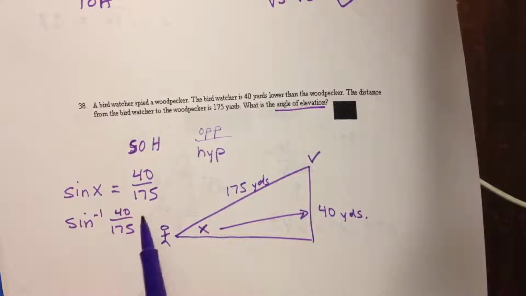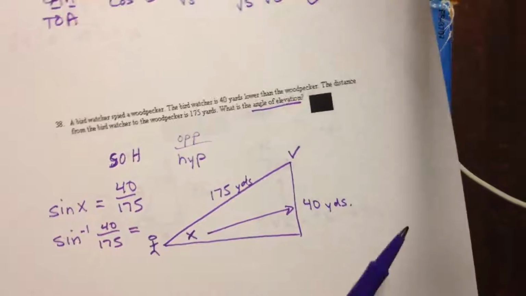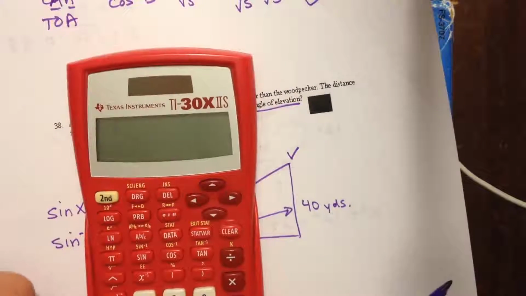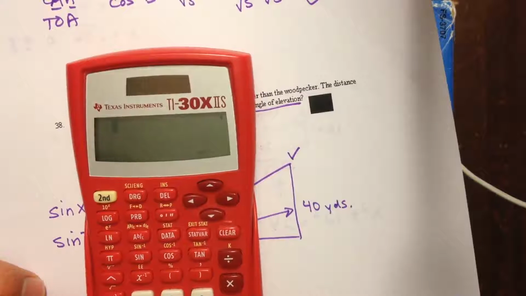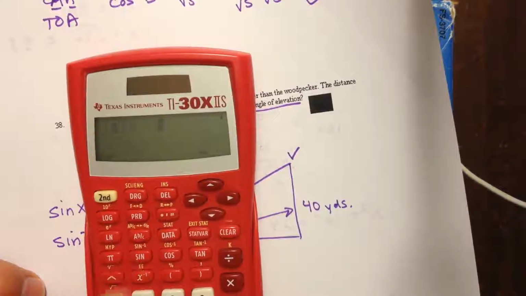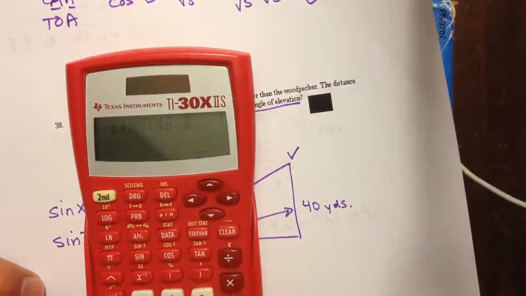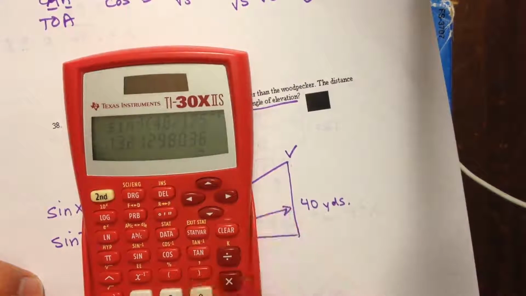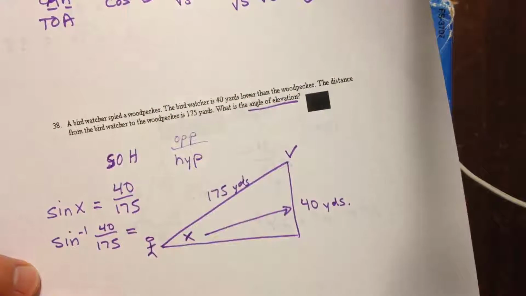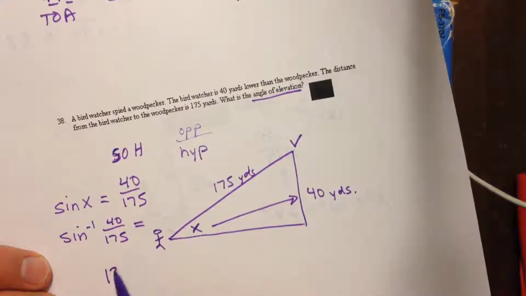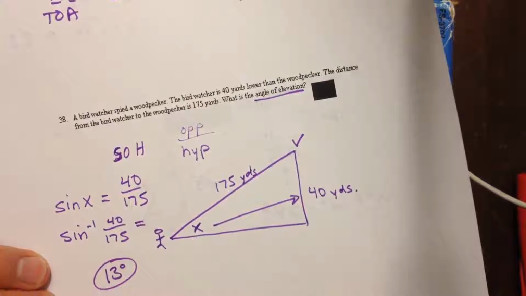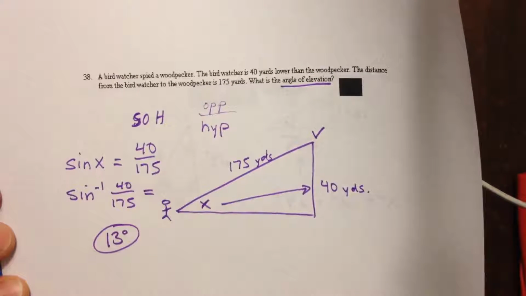If I do that and I press enter, so I grab our calculator, and you've got to make sure it's to the negative first power, 40 over 175, enter, you get 13.2 degrees. And I think, to the nearest degree is good enough. So x is 13 degrees.